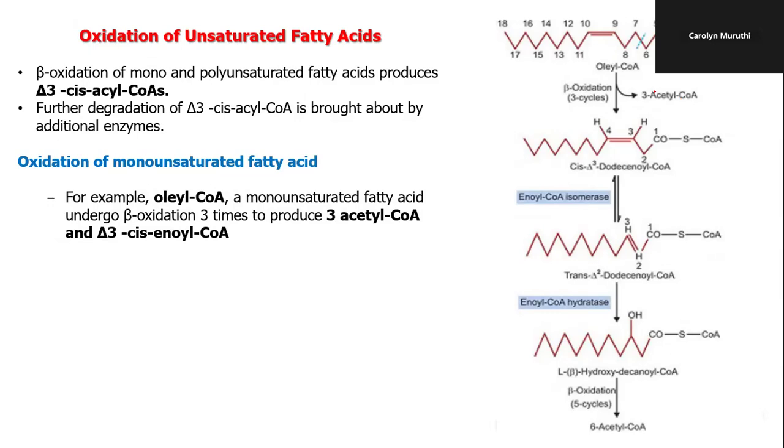So 3 acetyl-CoA will be produced in the first 3 cycles of beta oxidation. Now this will give rise to dodecenoyl-CoA. Through the activity of an isomerase, enoyl-CoA isomerase, the cis-enoyl-CoA will then be converted to a trans-enoyl-CoA.